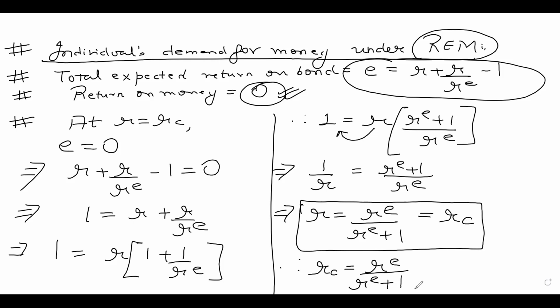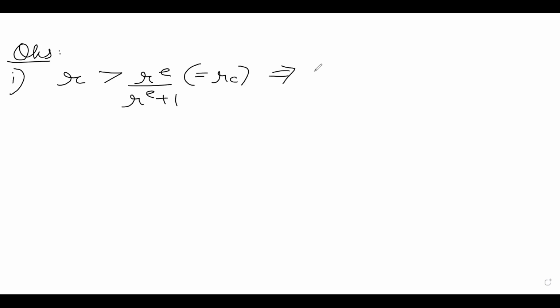Okay, so hoping students have understood this. And we can say that when my actual interest rate exceeds the critical level, I can now write this observation. When R is more than RE upon RE plus 1, which is nothing but my critical level of interest rate, this implies E is greater than 0.